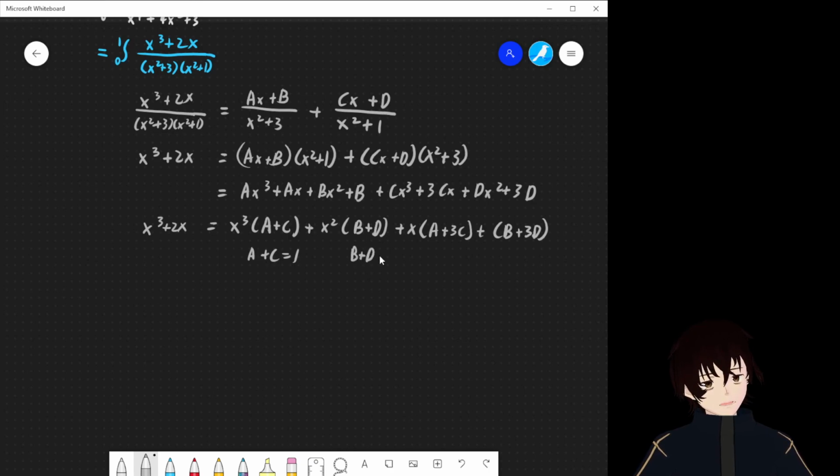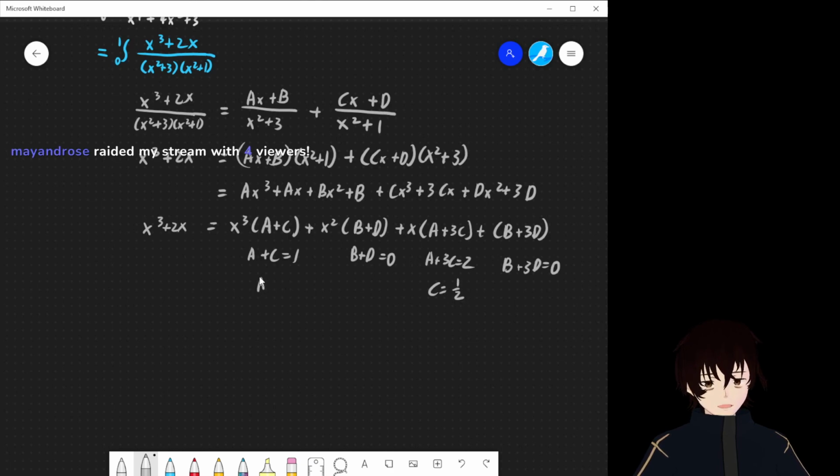B plus d is equal to 0. A plus 3c is equal to 2. B plus 3d is equal to 0. We can probably conclude that b and d are both 0. 2c is equal to 1, so c is equal to 1/2. A must also be equal to 1/2.